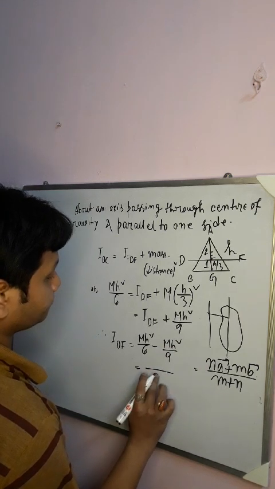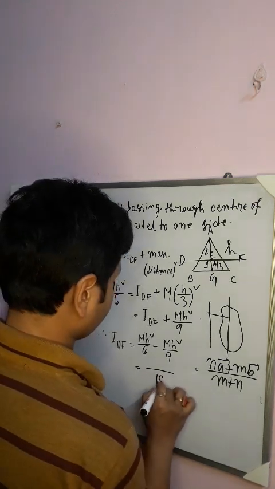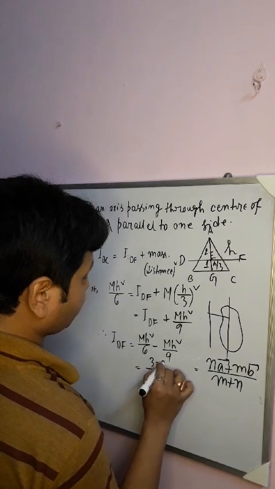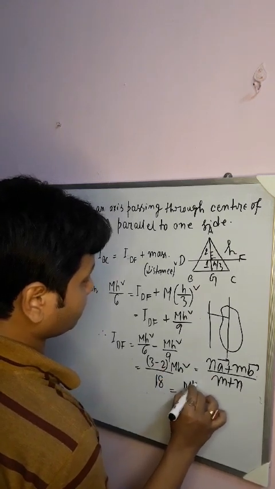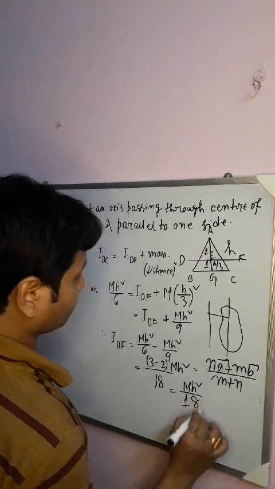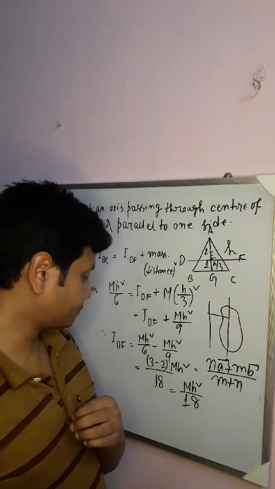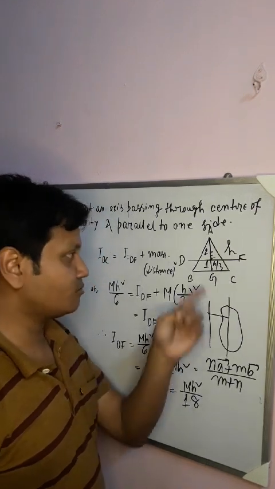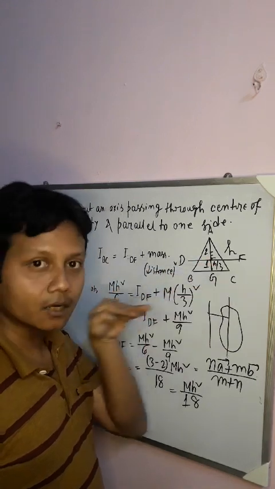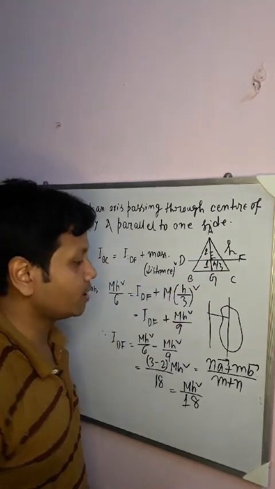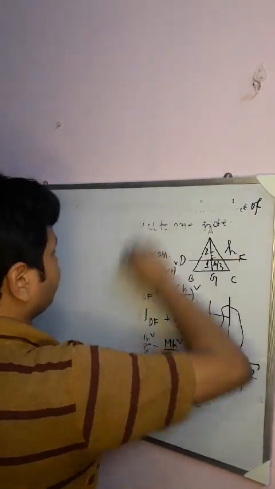Okay, this is 18, 3 minus 2, m h square. So the result is m h square by 18. Okay, so this is the moment of inertia about an axis passing through the center and parallel to one side. Simple application. Okay, so this is what about the triangular lamina.